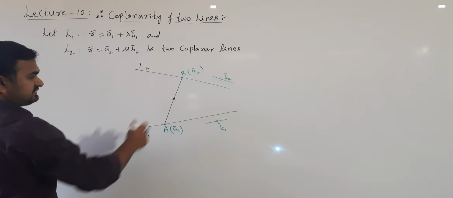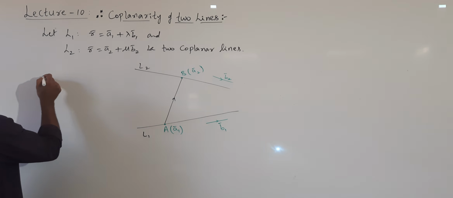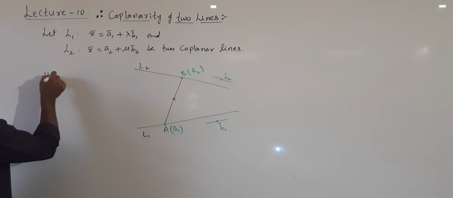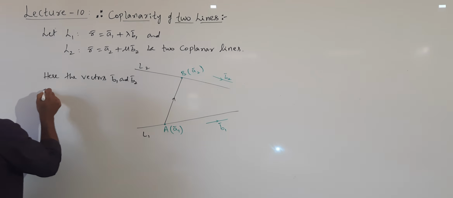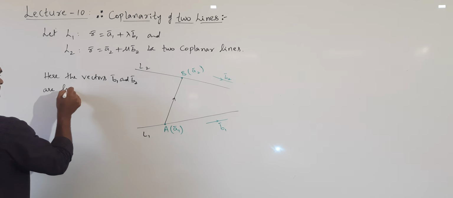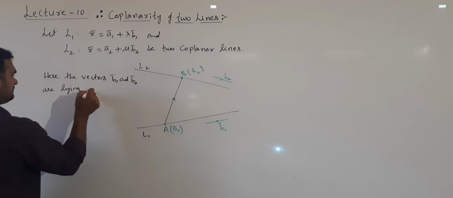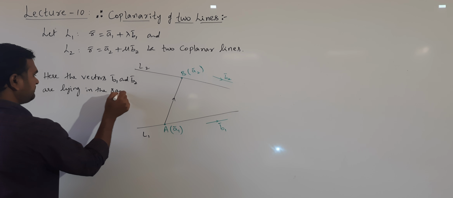So if you want, you can write the theory here. The vectors b1 bar and b2 bar are lying in the same plane.